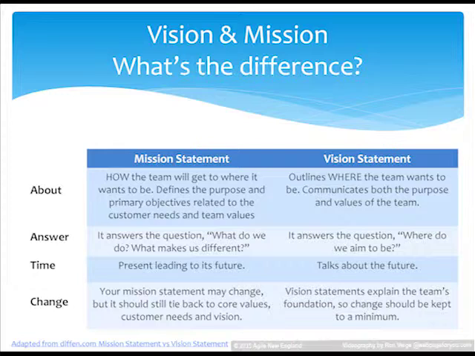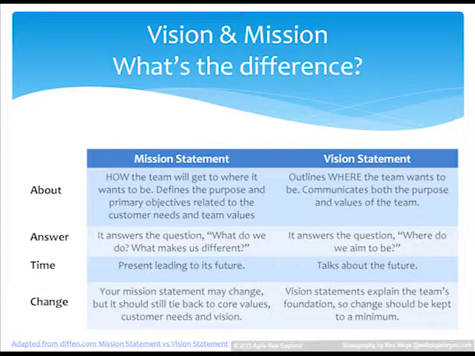And the vision is about outlining where the team wants to be, communicating both the purpose and the values of the team. For the mission, you want to answer the question, what do we do? What makes us different? And for the vision, where do we aim to be?